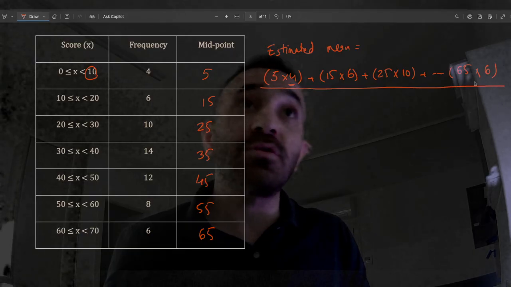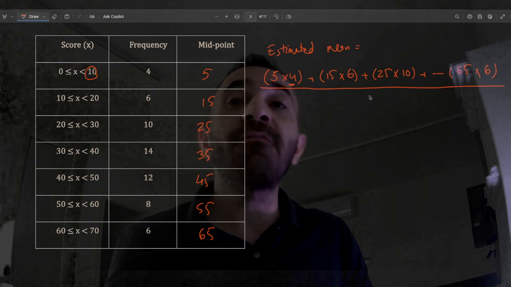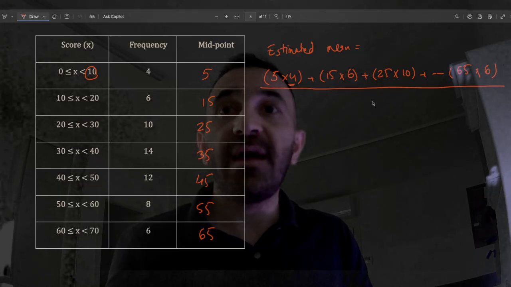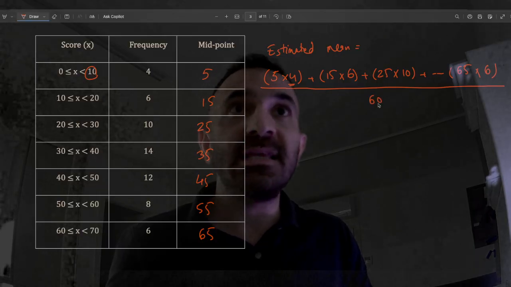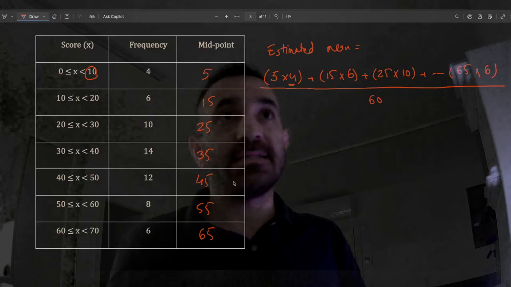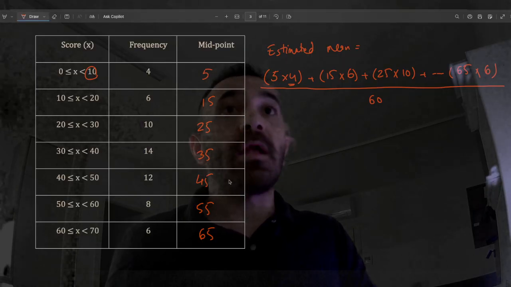Obviously, the grades are out of 70 apparently. Divided by the total number of students. How many students? We have in total 60 students. Okay, let me see if it's correct. Yes, yes.